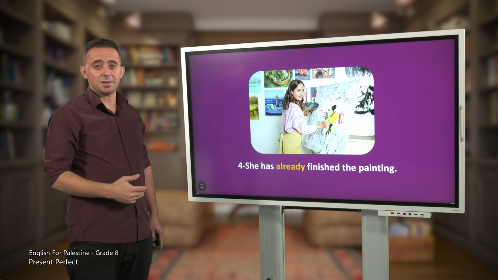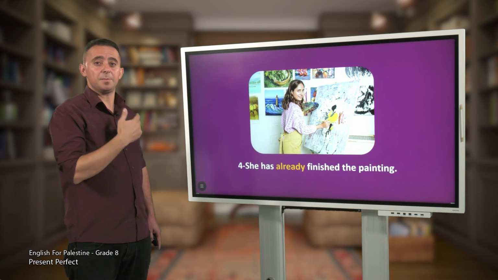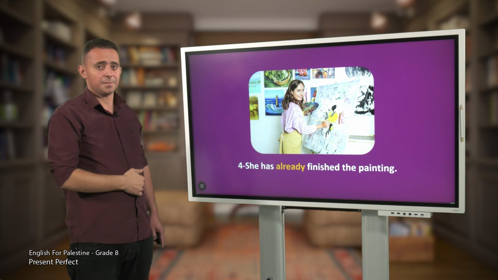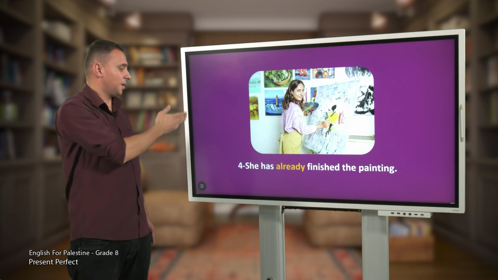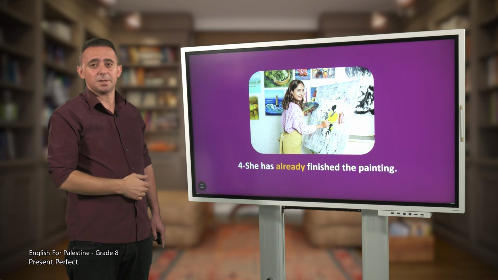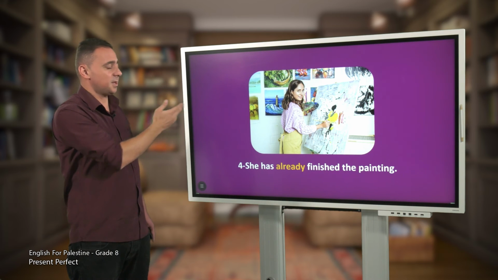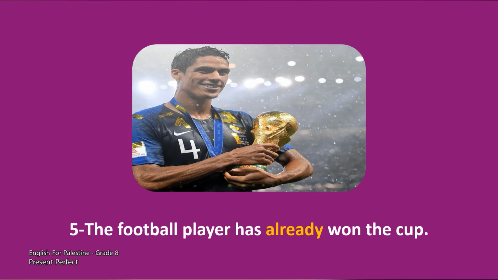It means that the action happened before now, and it's also used with the present perfect. And notice that the subject is singular. It should be followed by has, not have. Then already, and after already we put the past participle of the verb: she has already finished the painting.